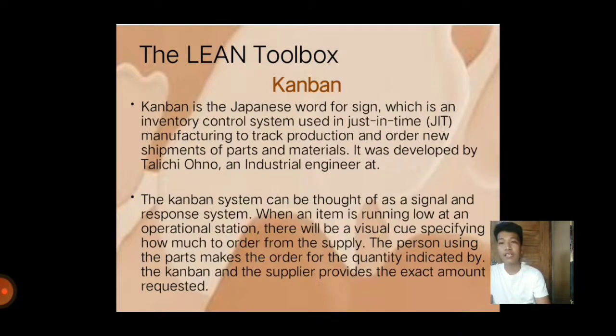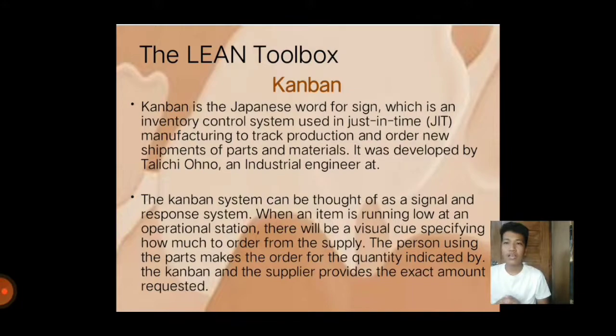Kanban is one of the lean tools designed to reduce the idle time in a production process. The main idea behind the Kanban system is to deliver what the process needs exactly when it needs it.